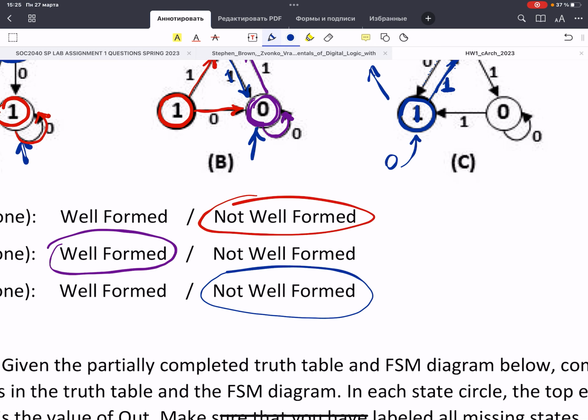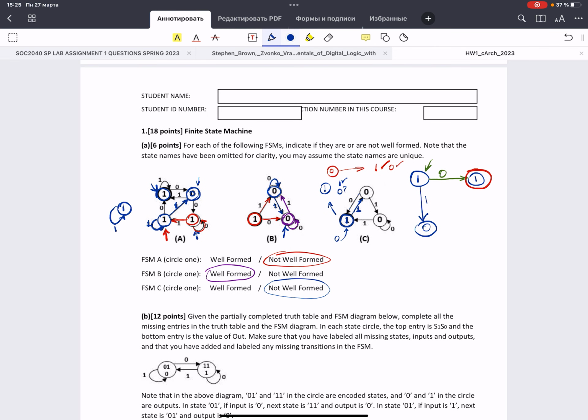So again, I repeat, if you're given a task to identify whether the finite state machine is valid or not, the first rule is to see whether it has only one result for the given input. One result, or let's say equal to one next state for an input.